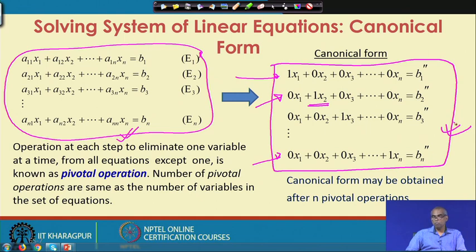In the canonical form, if you pick up any row, only one variable has coefficient 1, all other variables have coefficient 0.